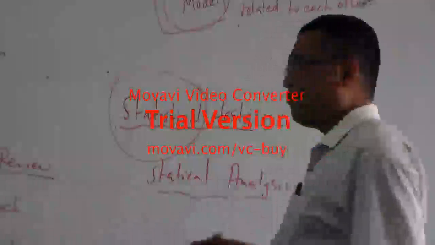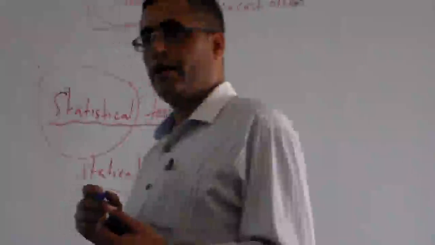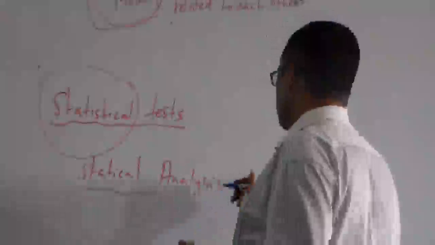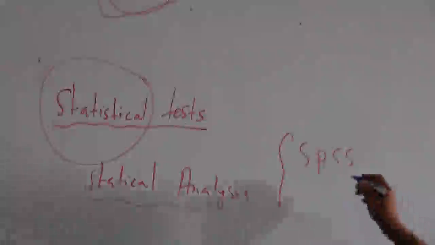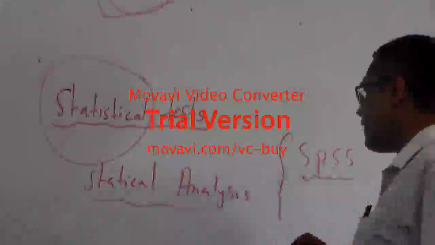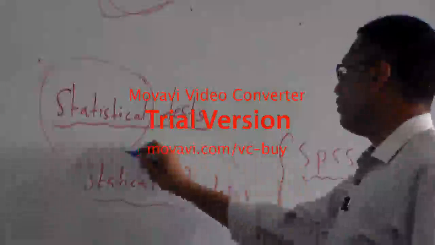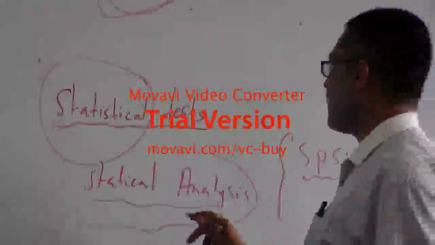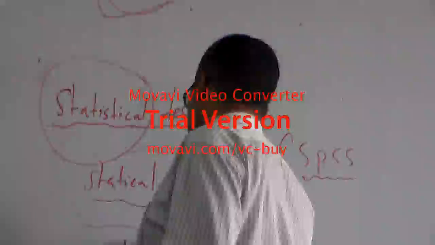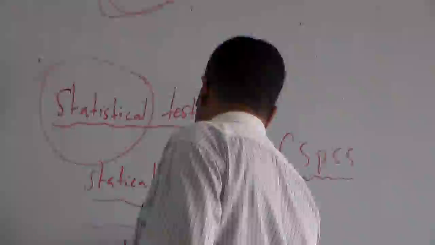There are some programs and software that you can use to do statistical analysis, such as SPSS, if you have heard about it. This is a program or a package that you can use to do statistical analysis. Why do we need to do statistical analysis? In order to test our hypothesis.